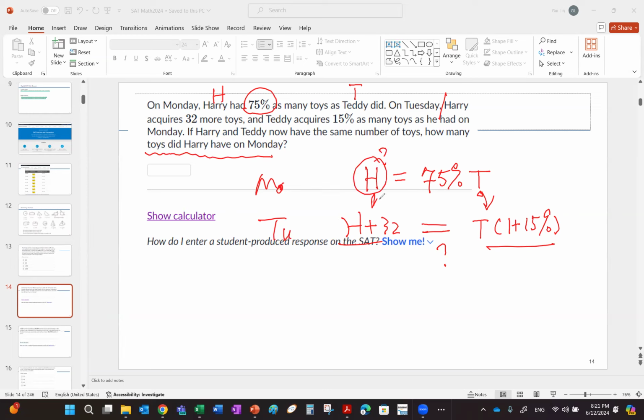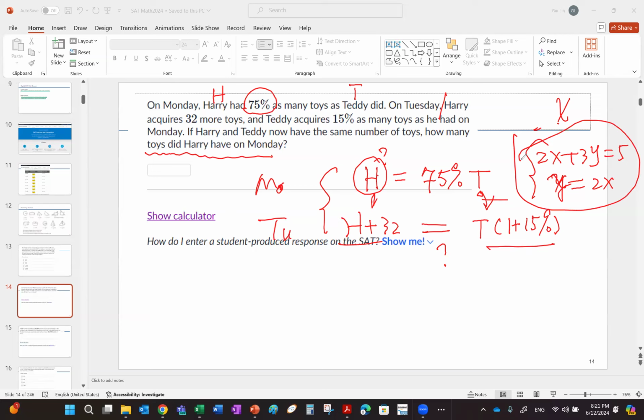Given these kinds of questions, this builds up a system of equations. They have two variables, H and T, and two equations in the system. Earlier we often did something like 2x plus 3y equals 5 and y equals 2x.